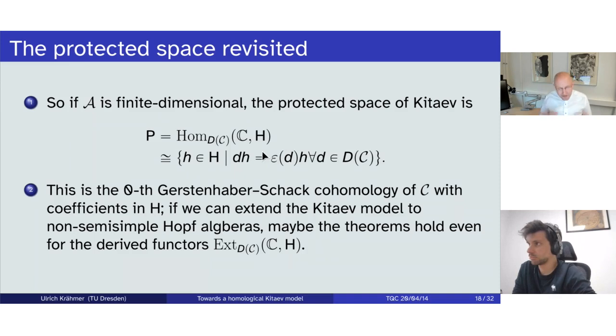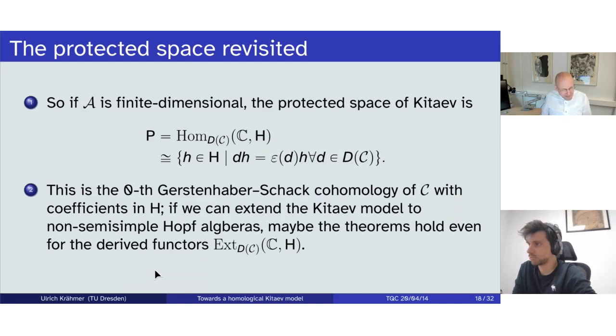The coefficients of that theory are precisely those Yetter-Drinfeld modules. And the zeroth Gerstenhaber-Schack homology takes precisely the invariants. So by very definition, the protected space is the zeroth Gerstenhaber-Schack homology.